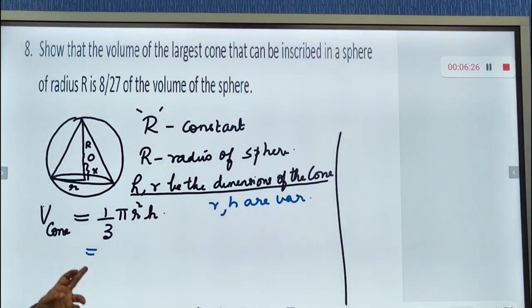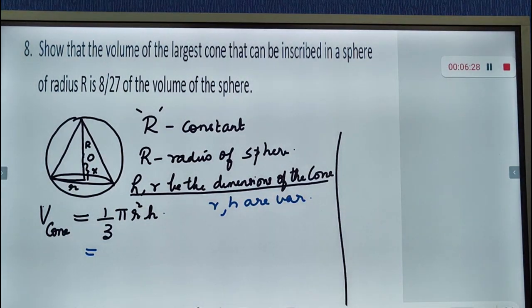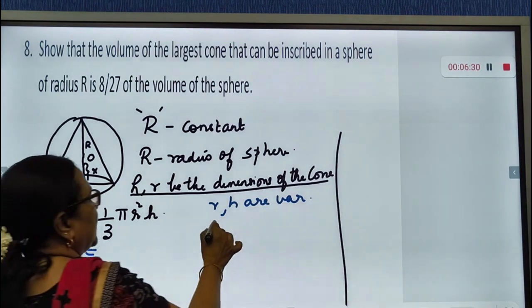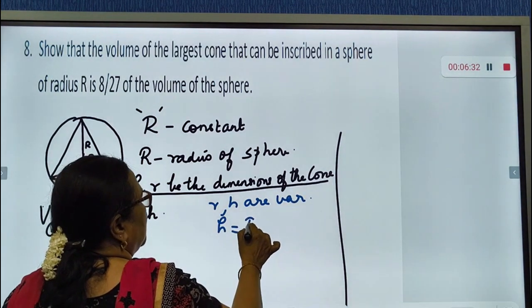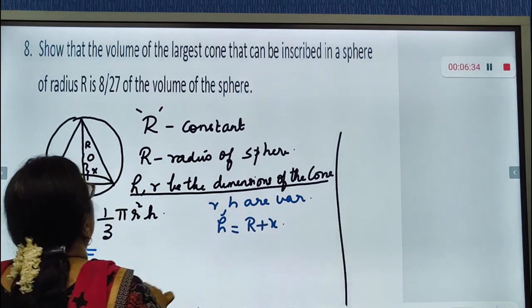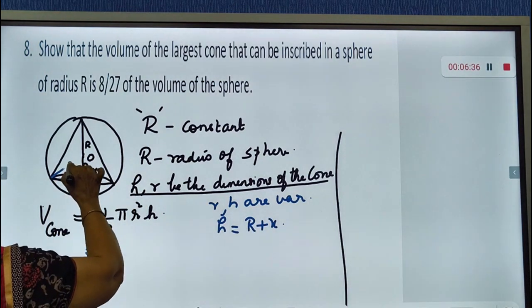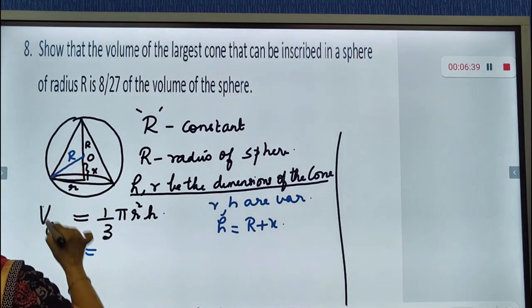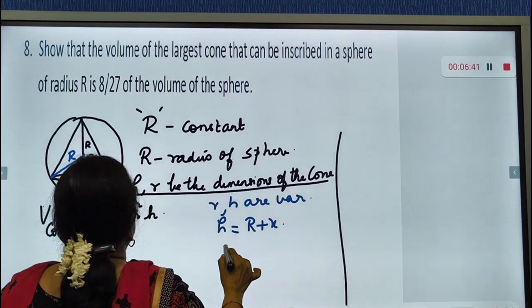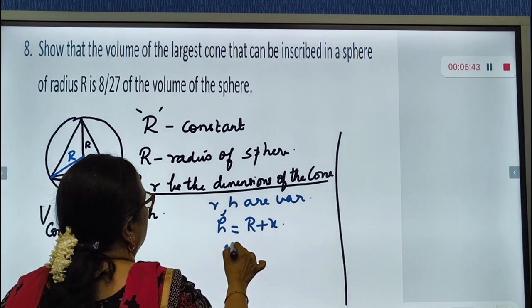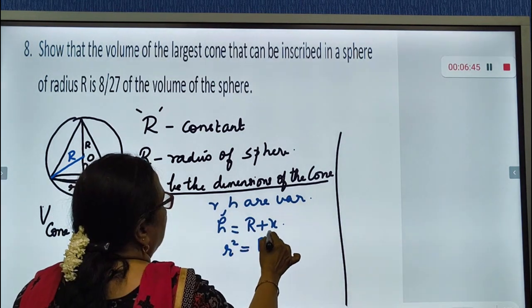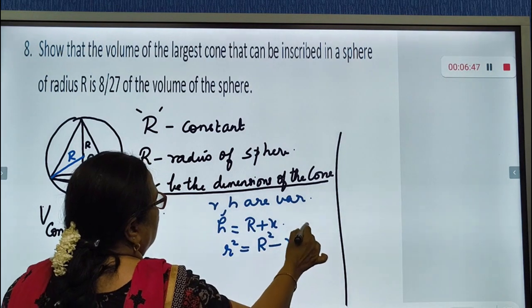You can't have two variables, so we have to express it in terms of a single variable. I know that I can write h as R plus x, and this is also the radius, which is capital R. So small r square is equal to capital R square minus x square.